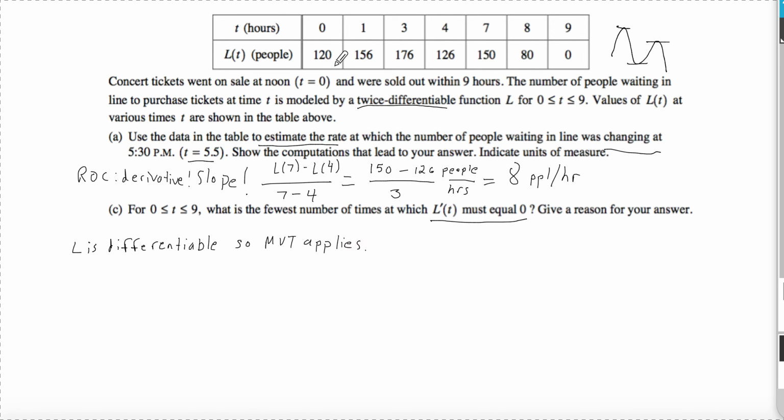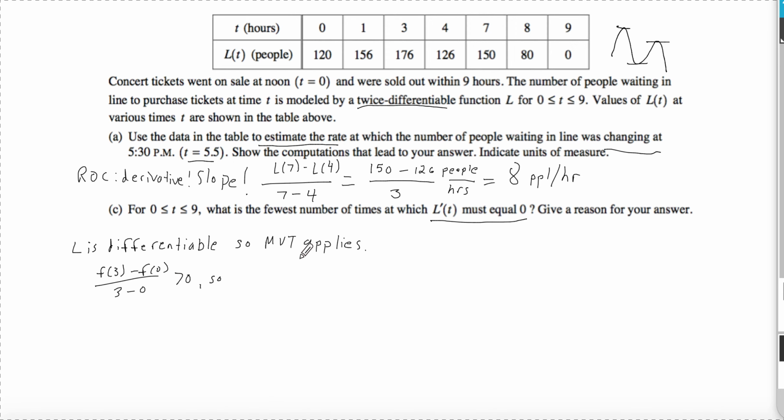Now, what do we know about this first interval? For this first interval, if I could say f of 3 minus f of 0 over 3 minus 0, I'm not even going to worry too much about the number, but if I found that slope, it would be greater than 0.